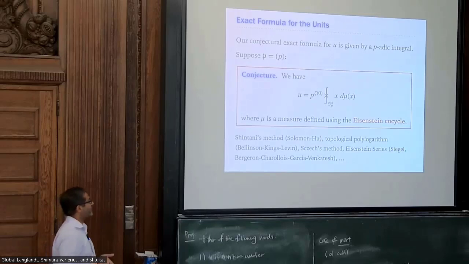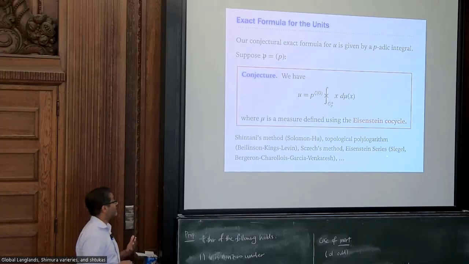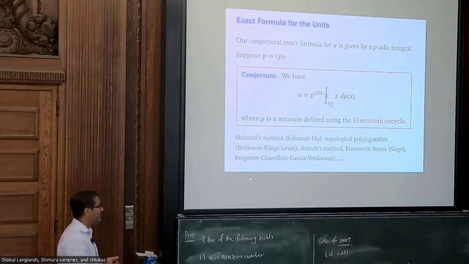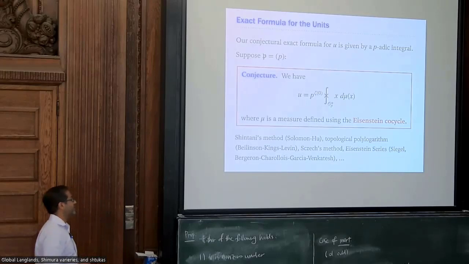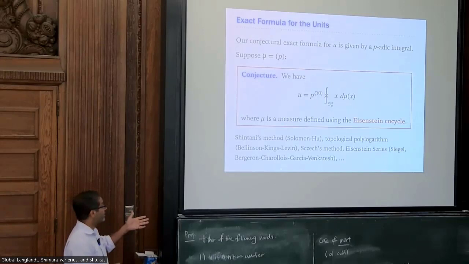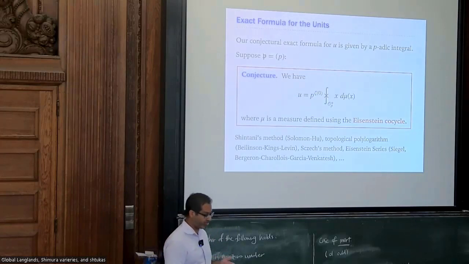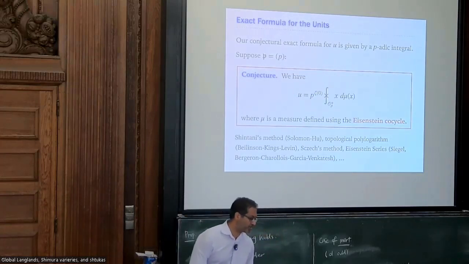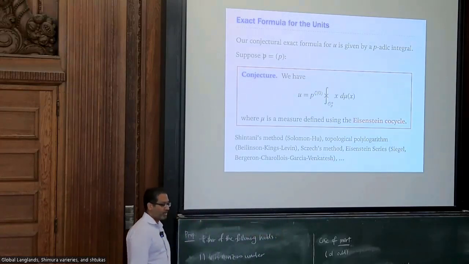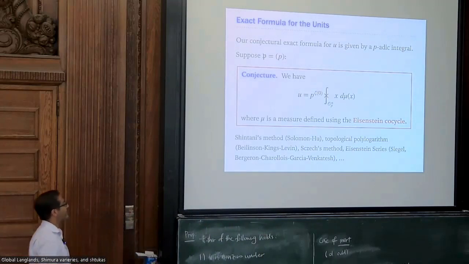And then probably the original version, where you integrate Eisenstein series, which is why it's called the Eisenstein cocycle, is due to Siegel. And that's been picked up very recently by a really interesting work of Bergeron, Charollois, Garcia, and Venkatesh. It's ongoing work where they are trying to write down formulas for the Archimedean Stark units, rather than the Brumer-Stark units, using this cocycle. So this is very much still active work.